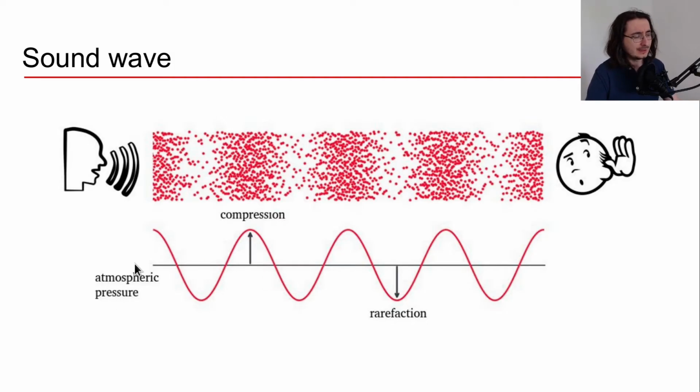At the center here we have the average atmospheric pressure, and then over time we have points of compression, which are connected with denser points where air molecules collide with each other, and then we have points of rarefaction where the air molecules are more spaced out.